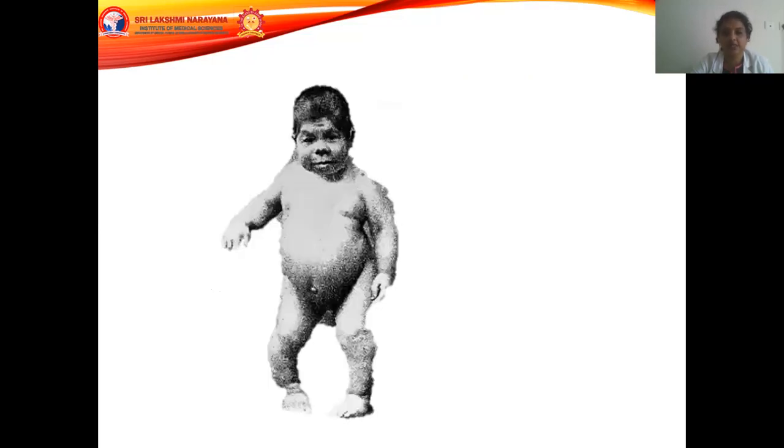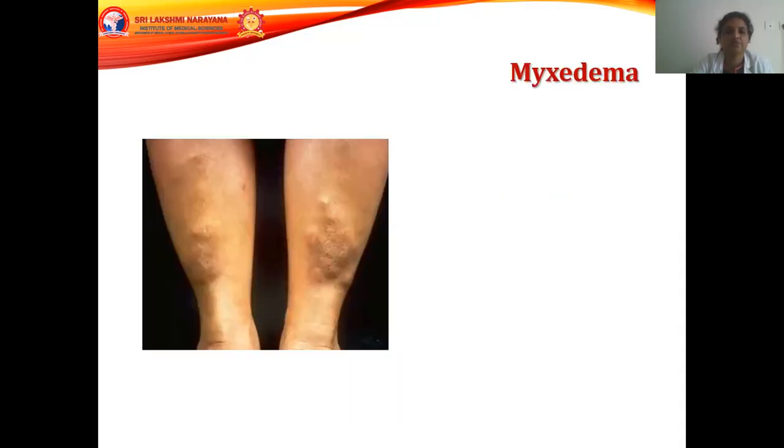So this is a cretin where the child is of short stature, the sexual features are not well developed, and also the mental retardation is present. Whereas in growth hormone dwarf, there is short stature, whereas the mental status or the IQ and the sexual features are all normally developed in growth hormone deficiency.